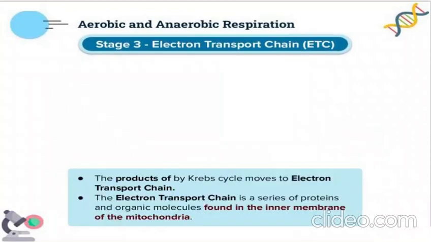After the Krebs cycle comes the ETC, electron transport chain. The products of the Krebs cycle move to the electron transport chain. The electron transport chain is a series of proteins and organic molecules found in the inner membrane of the mitochondria.